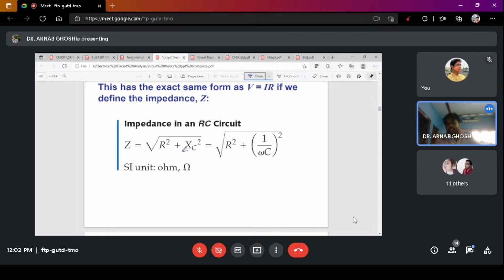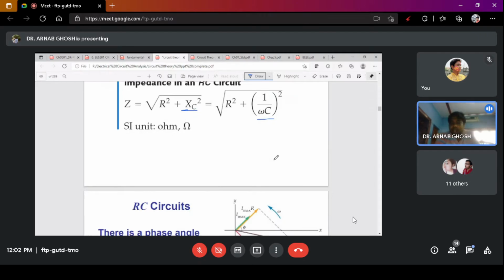XC again is the capacitive reactance, and that is equal to 1 by omega C. The SI unit of XC is ohm. So this is the entire thing about the RC circuit.